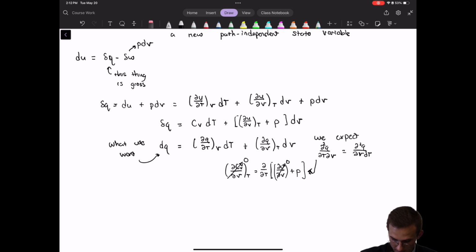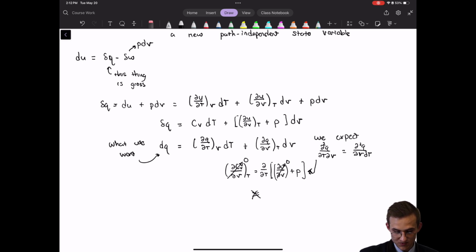And then you have P here, and d/dT of the pressure is not equal to 0. So here we have basically this doesn't work out. So not equal.